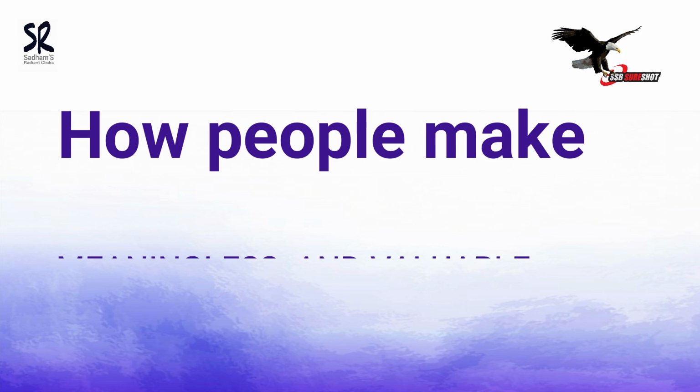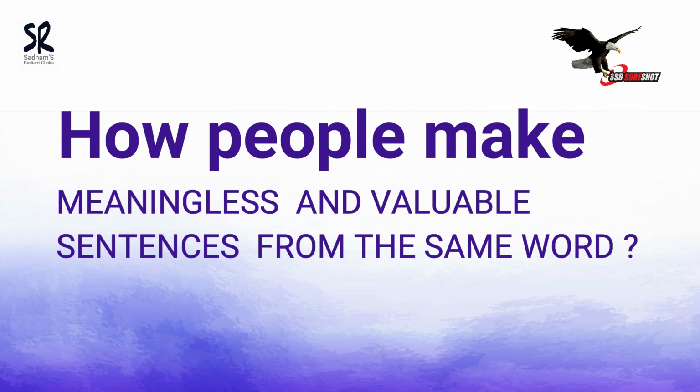Dear candidates, here are two examples of how people make very low level or very meaningless sentences, or some of you make very valuable or value-based imaginative sentences out of the same word.